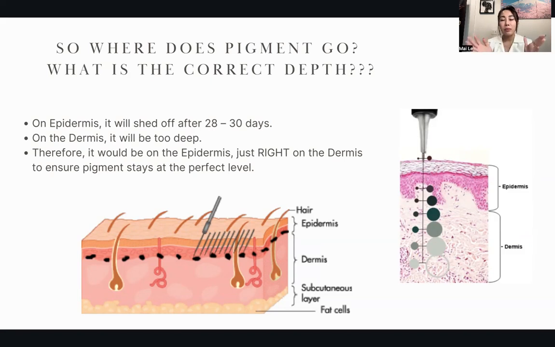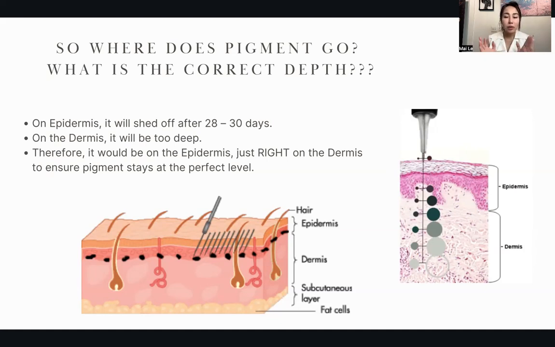That's why in PMU, I don't think it's important to talk about how deep, but rather it's a topic where you have to feel the needle yourself through experience. You have to know the correct depth as you go into the skin.